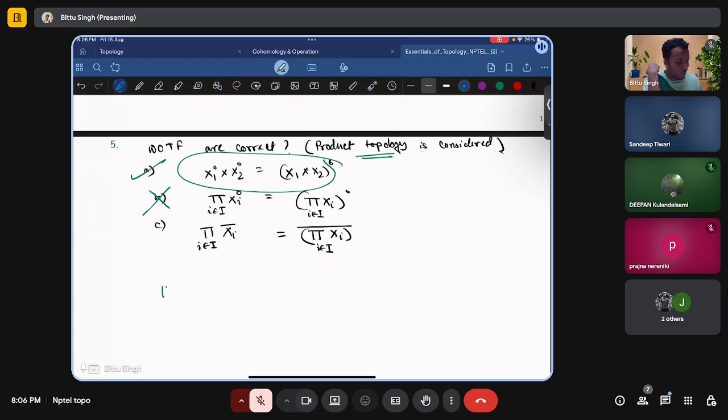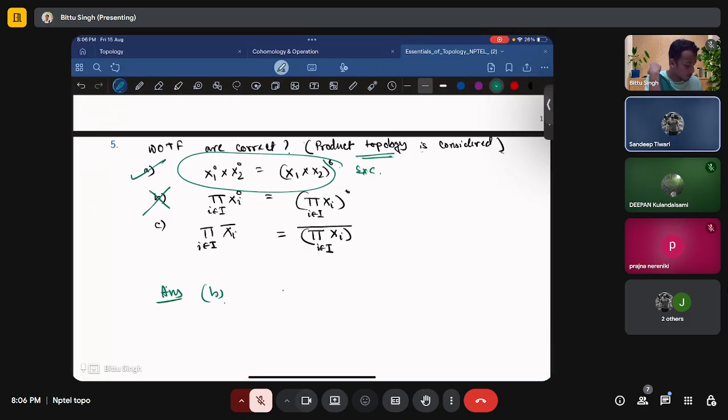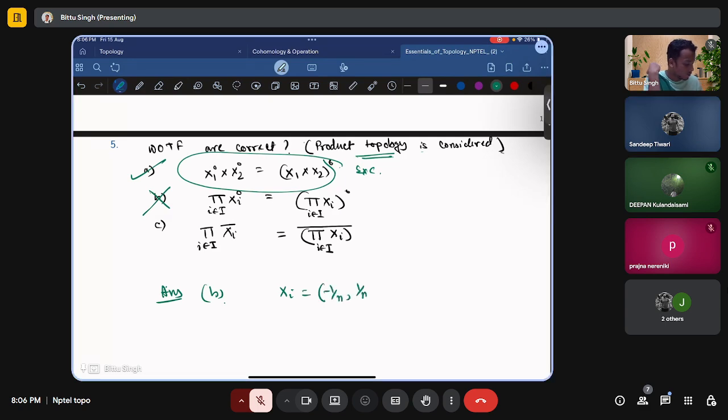So I have already provided the answer actually. For B, this is an exercise. For B, you can see that if we consider Xi equal to minus 1 by n, comma 1 by n, as a subspace of R, then what is the interior of this Xi?